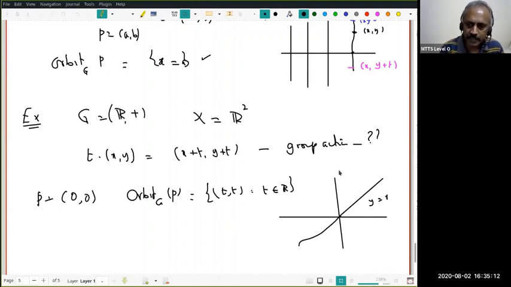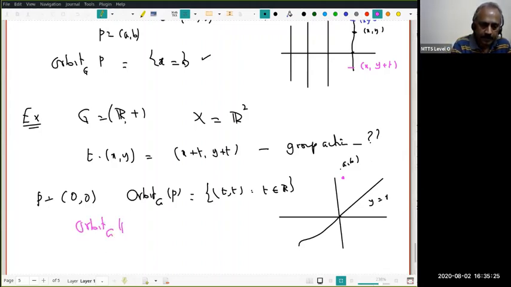Now suppose I take a point (a, b). Now I want to know what will be the orbit of p, where p equal to (a, b). Now let's look at our earlier geometry. It tells me the orbit of (a, b) should be in some sense a parallel object to the orbit of (0, 0).